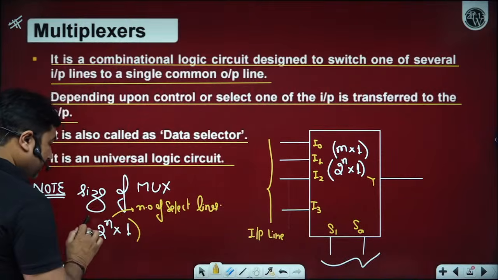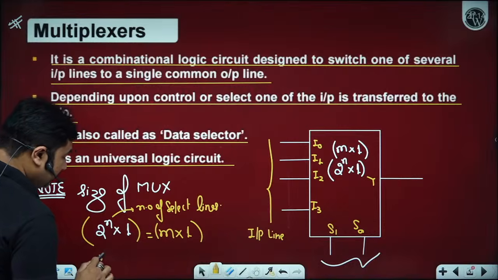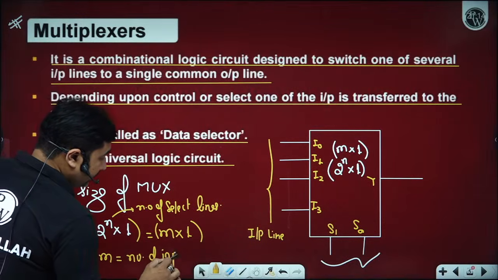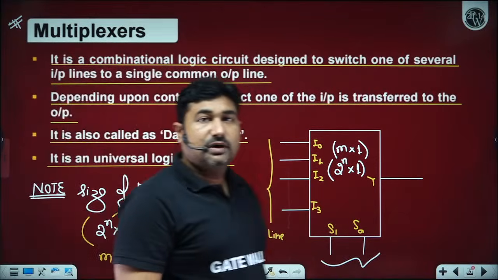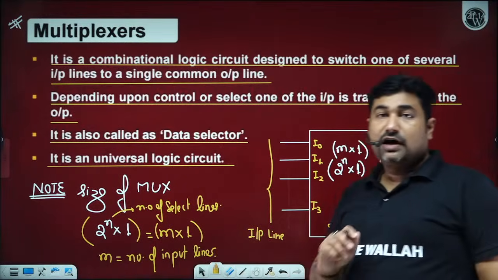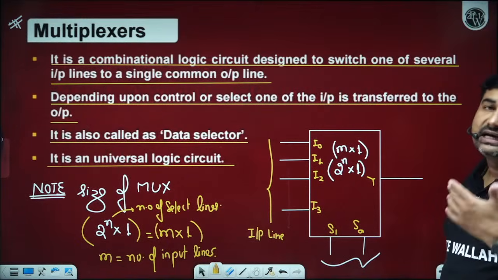Is it okay? Also you can say m cross 1, where m is the number of inputs. So if we know the number of select lines, we know the number of input lines. If we have the number of input lines, we can find the number of select lines, also called control lines or simply select lines.